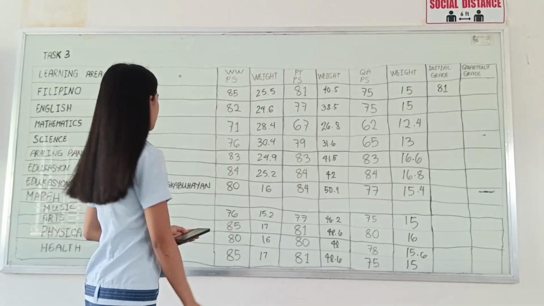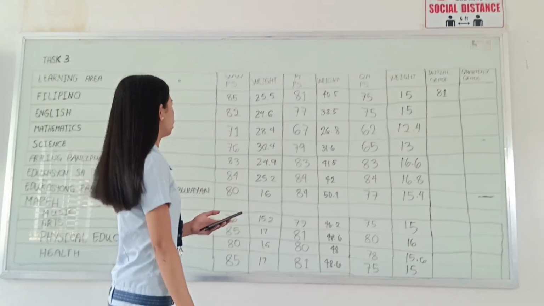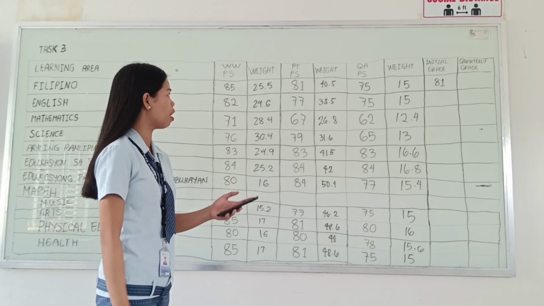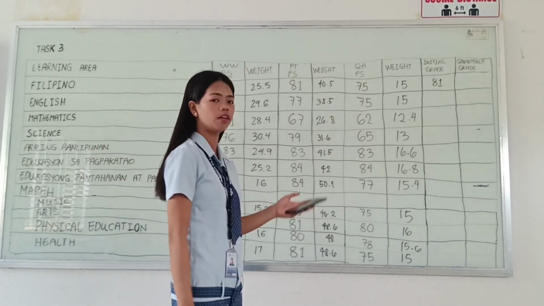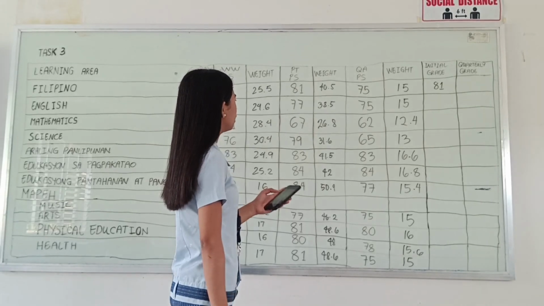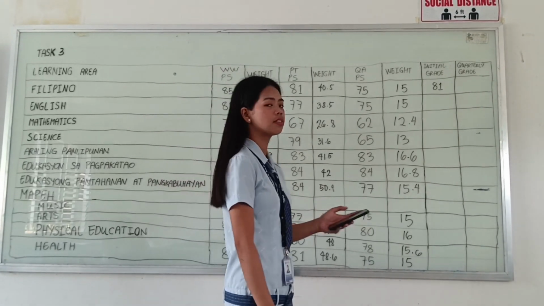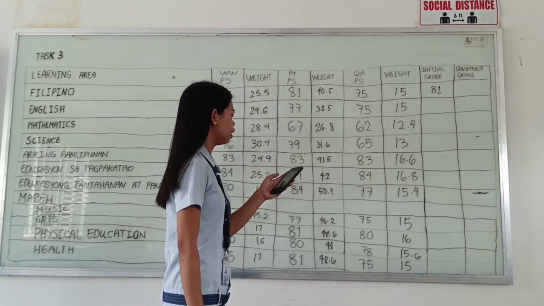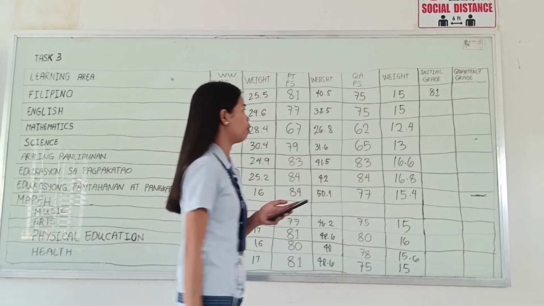In English subject, the weighted score for the written works is 24.6. We will sum it up with the weighted score of the performance task, which is 38.5, and also the weighted score of the quarterly assessment. To sum up all, it is 78.1.